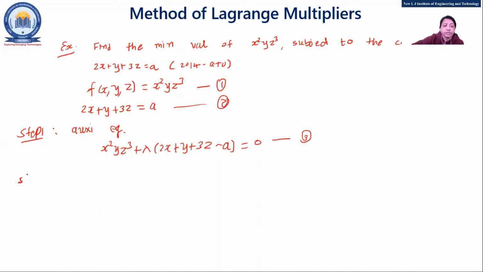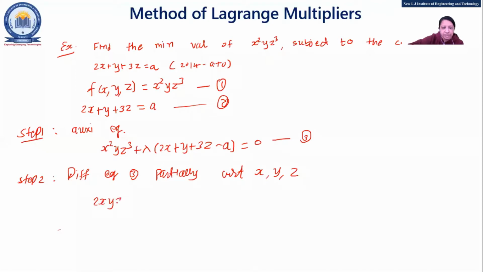Now step 2 is what? You have to partially differentiate equation 3 with respect to x, y and z. So first with x. Here the x term is there, so 2x y z cube as it is.